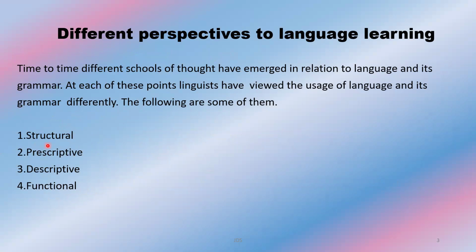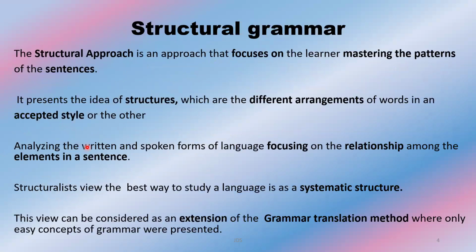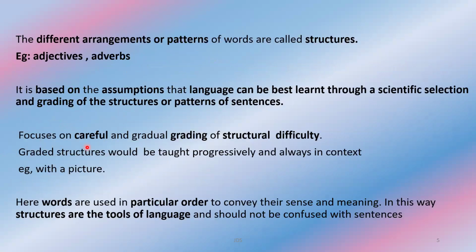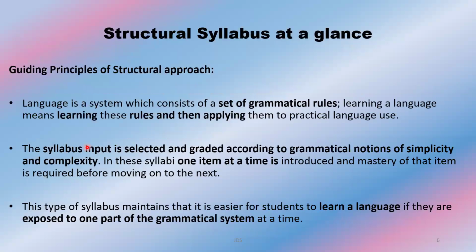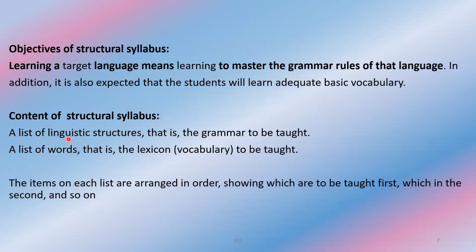But when it comes to the first one, structural approach, how is that learning taking place? By making them learn the grammatical component of the language, right? So that is what is coded in this objective. Learning the language means mastering the grammar rules of that language. Only that much. They are not bothered about anything additional.